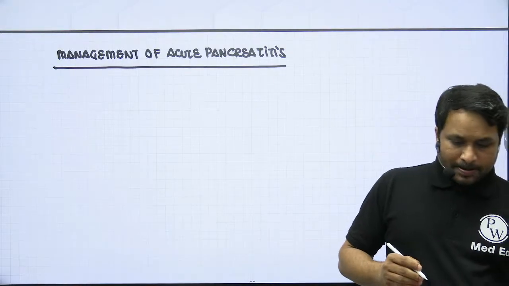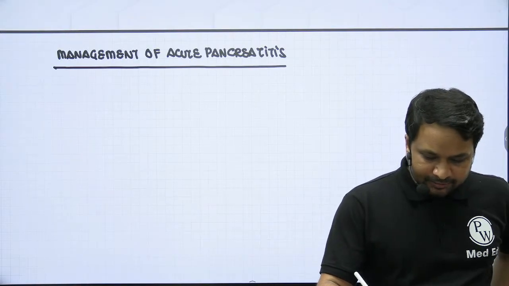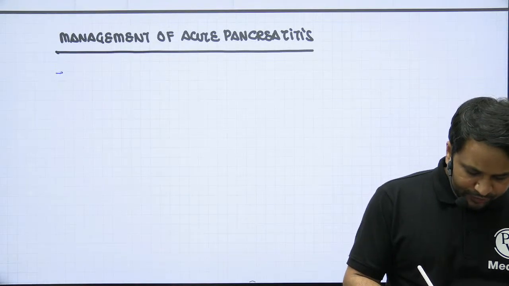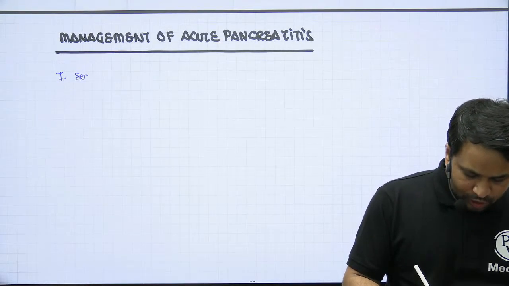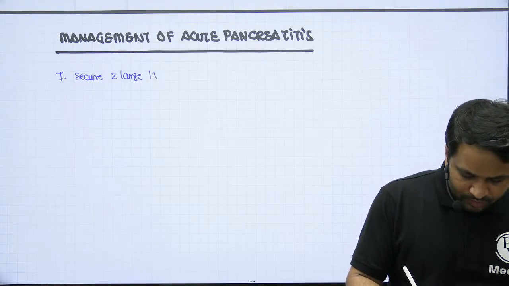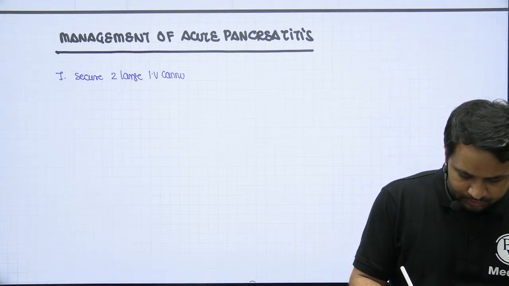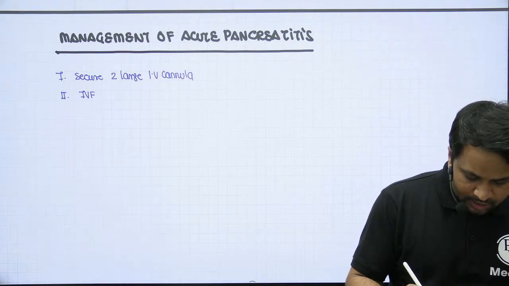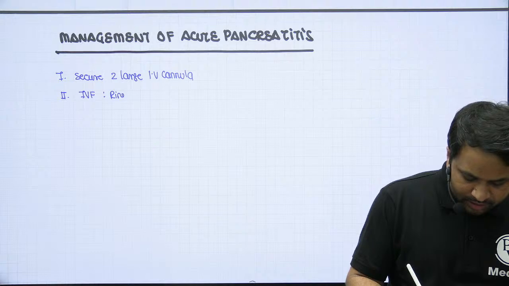Okay. Now acute pancreatitis involves excessive volume loss. So in the stepwise management, the first thing I'm going to do is secure 2 large IV cannulas. Start the patient on IV fluids, preferably Ringer lactate.